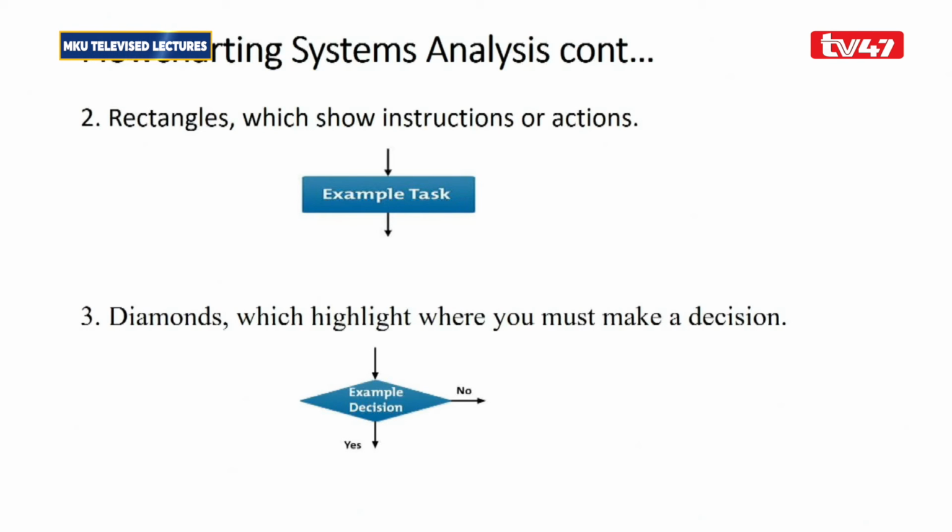Here we see an example where we have the decision, a yes arrow going down and a no arrow going to the right. So for every decision symbol, you should clearly label the branches depending on the decisions that we are making.